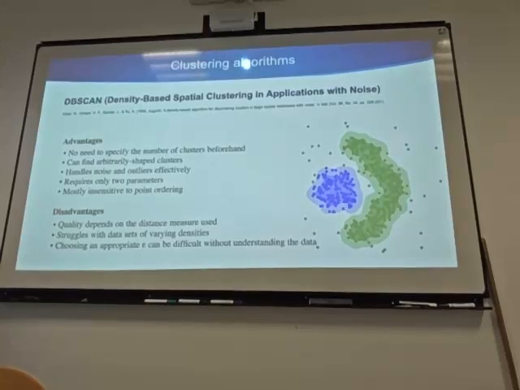Then you have to refine the method by, for example, defining local parameters for epsilon and the min number of points. And so, yeah, choosing an appropriate epsilon can be difficult. But still, I think this is one of the most used clustering algorithms.